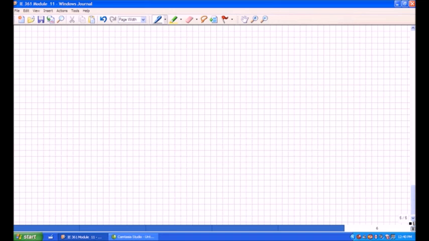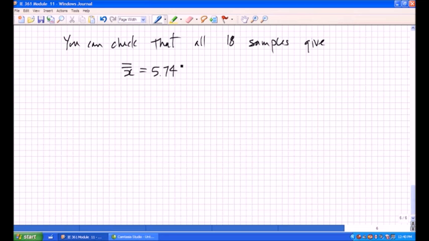To carry this example a bit further and make retrospective limits, I will tell you that you can check that if I take all 18 sample means and sample ranges from figure 1, all 18 samples give me an average x bar that is 5.744 and an average range.